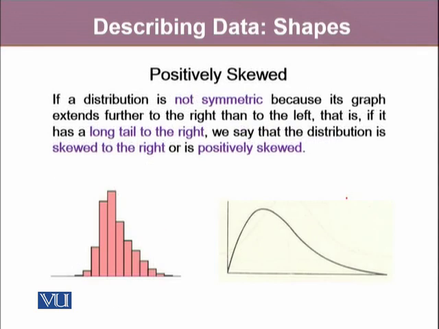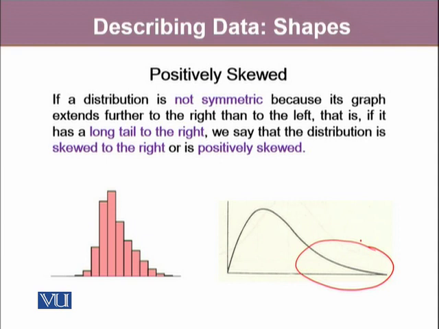If a distribution is not symmetric, we call it skewed, because its graph extends further to the right than to the left. That is, if it has a long tail, this tail is towards the right. This type of shape is known as right skewed or positively skewed.